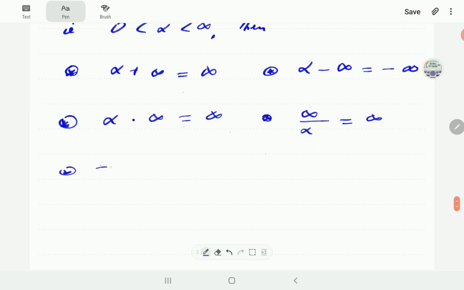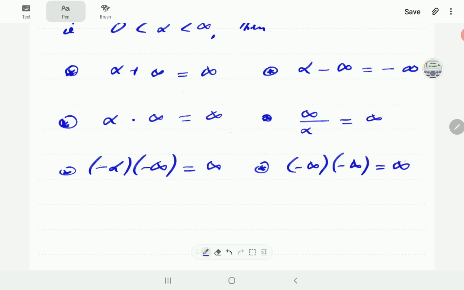Then infinity is going to obey the laws of directed numbers. So negative alpha times infinity is going to be negative infinity, and negative infinity times negative infinity is going to be positive infinity.